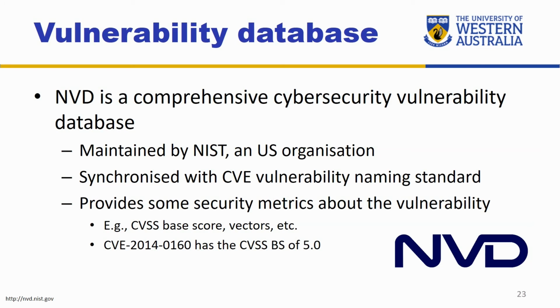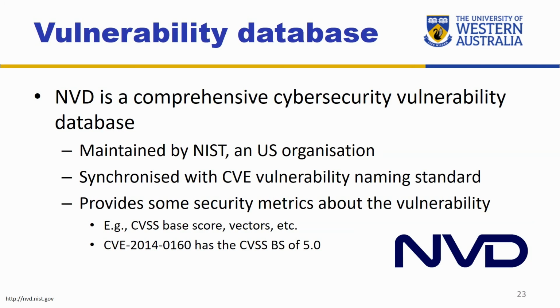NVD has what they call a CVSS-based score, the Common Vulnerability Scoring System, which has the base score component and also other types of information such as the attack vectors, exploitability, availability, etc. So there's a bunch of other associated metrics that are described along with the vulnerabilities that are kept within the database.